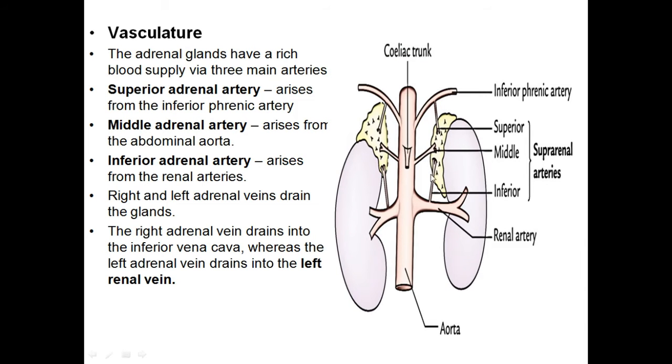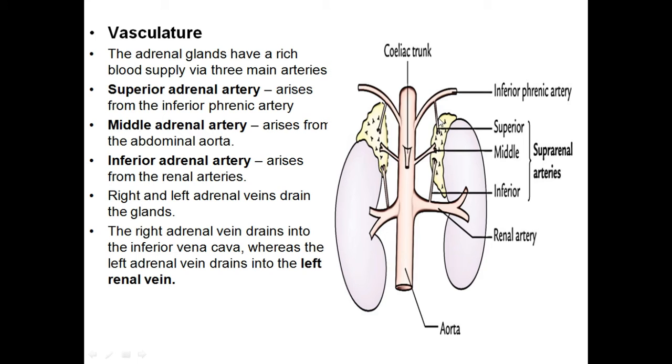As it is an endocrine gland, these glands are supplied by a number of blood sources, and these blood vessels arise from three distinct sources. So it has the superior suprarenal artery, middle suprarenal artery, and the inferior suprarenal artery.